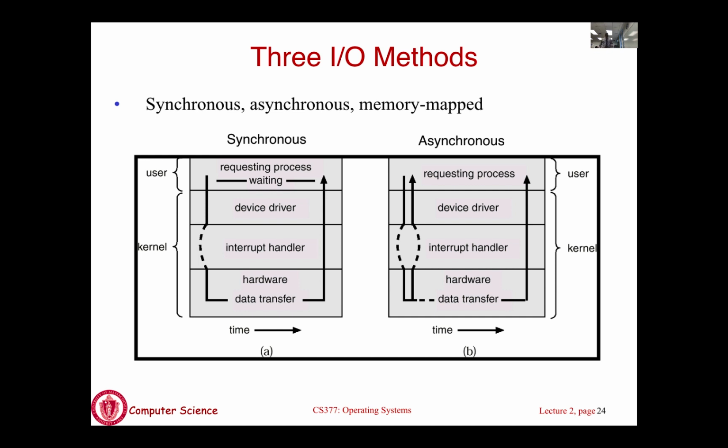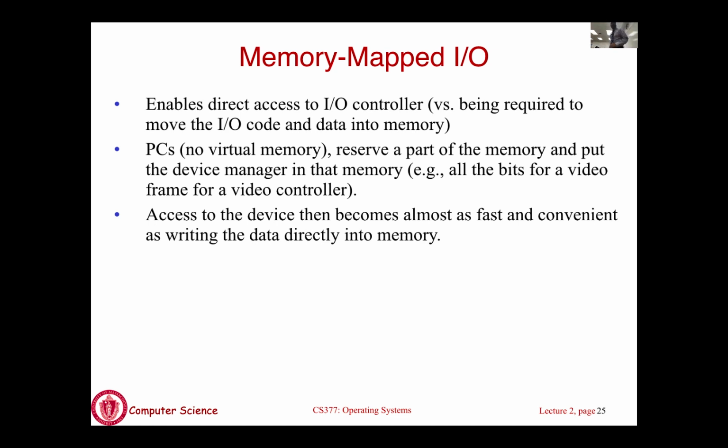The last type of I/O is what is called memory mapped I/O, and what this essentially allows you to do is take a device and make it look like RAM. Reading and writing to RAM is very straightforward.